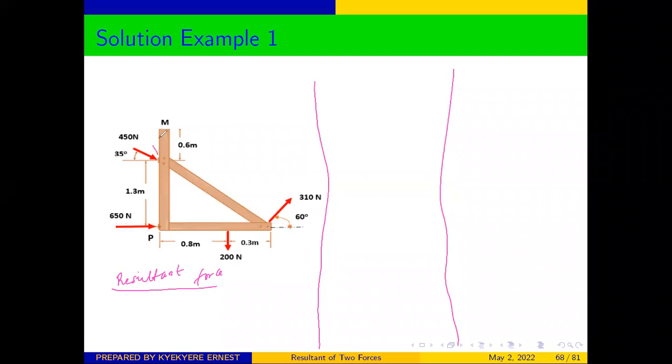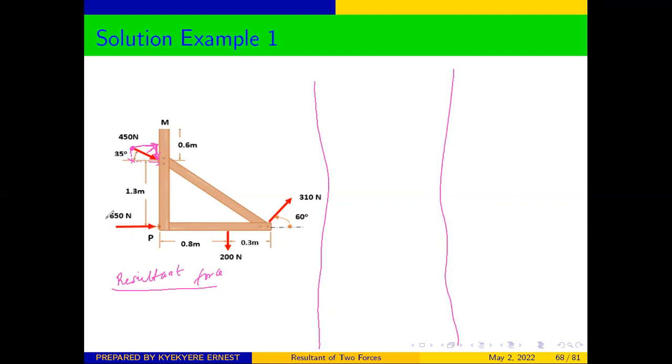It is like this. So you can see that from this diagram, the starting point of the force is here, and this part is the ending point. Therefore, it means that if you want to move from the starting point to where we are ending, we are going to move this direction on the X and this direction down here on the Y. This direction on X and this direction on Y. So from here, you can see that with respect to this angle, our Y will still be at this side, our X will be at that side.